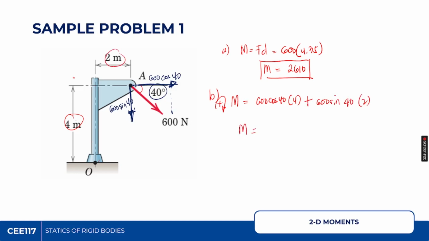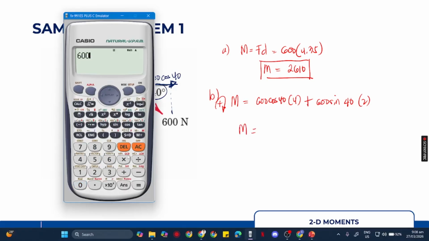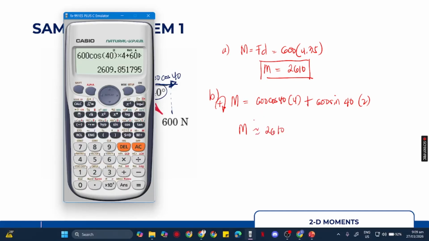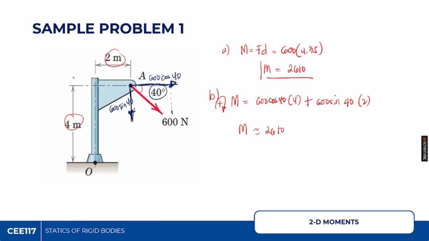Therefore, your moment is 600 cosine 40 times 4 plus 600 sine 40 times 2, that is 2600.09, or approximately 2610. Tama ba? By the way, the units will be Newton meter, kasi newtons times meters. That is your moment using Varignon's theorem.